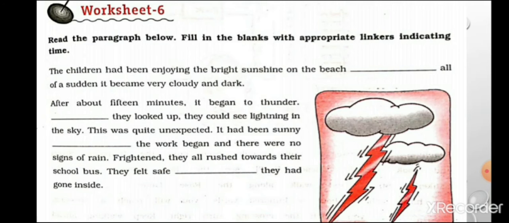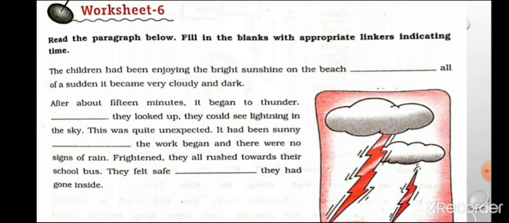When they looked up, they could see lightning in the sky, and this was quite unexpected. It had been sunny since the work began, and there were no signs of rain. Frightened, they all rushed towards their school bus, and they felt safe after they had gone inside.